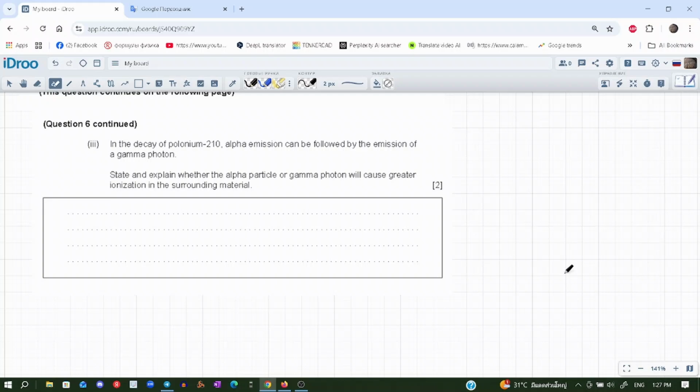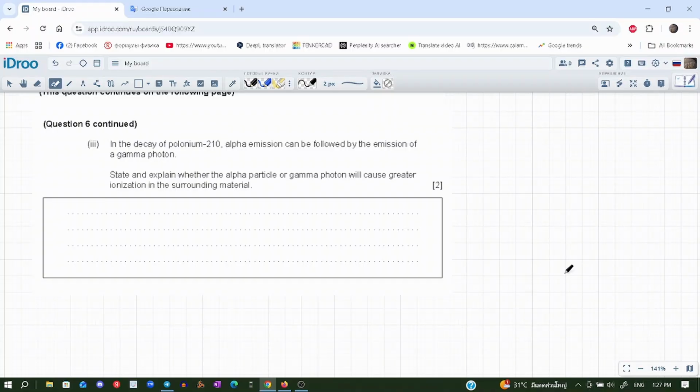In the decay of polonium-210, alpha emission can be followed by the emission of a gamma photon. State and explain whether the alpha particle or gamma photon will cause greater ionization in the surrounding material. An alpha particle is massive and has charge plus 2 elementary charges.